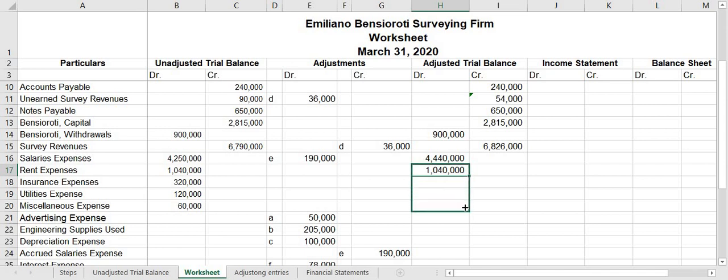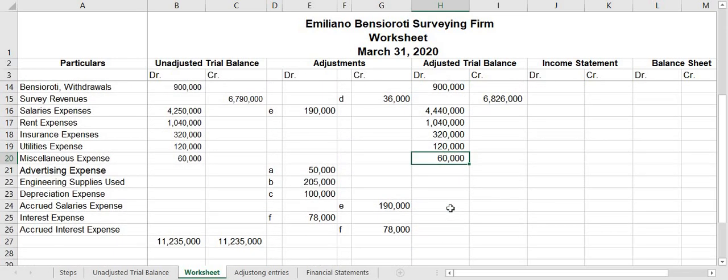Silang lahat until miscellaneous expense kasi nga wala siyang adjustment, as you can see. For advertising expense, wala siyang unadjusted balance pero meron siyang adjustment. Kaya copy mo lang kung ano ang nasa kanyang adjustment portion. Since debit siya, debit mo rin siya ilagay sa column ng adjusted trial balance mo.